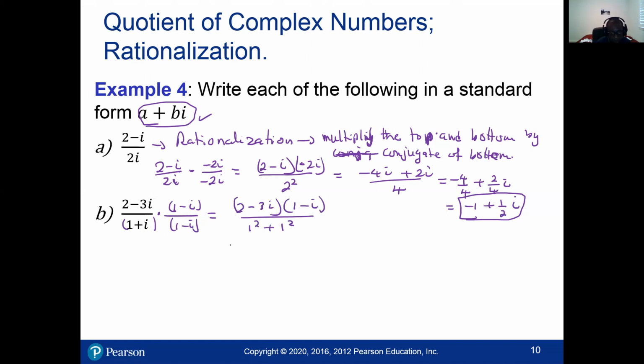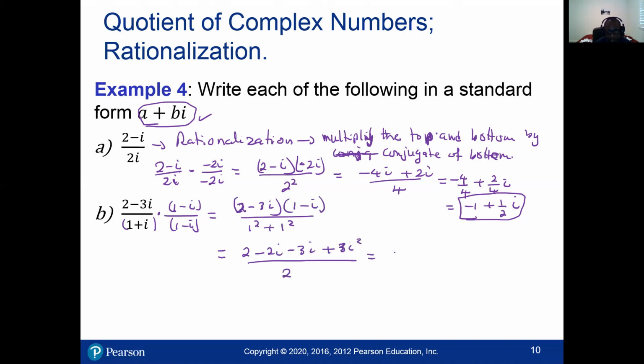So this becomes just 2. Now for the numerator, 2 times that gives 2 minus 2I minus 3I plus 3I squared, divided by 2.